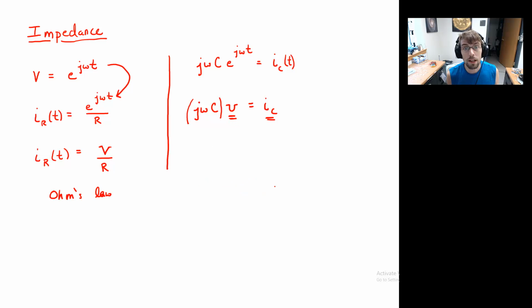It looks a whole lot like Ohm's law again. So I'm going to move this to the other side just because we think of the applied potential.